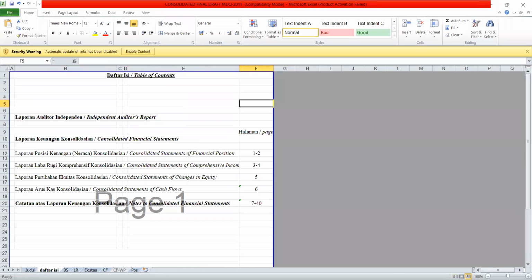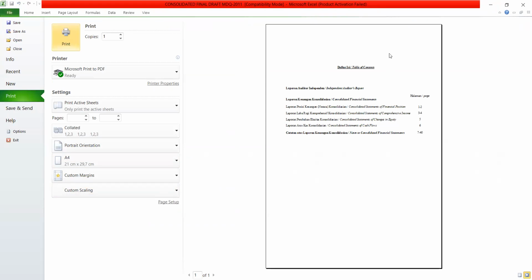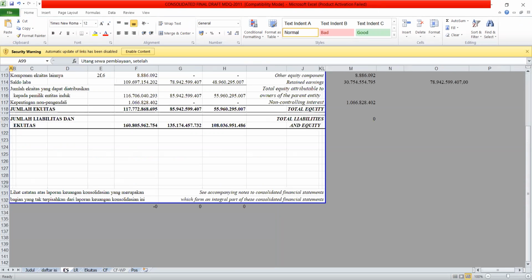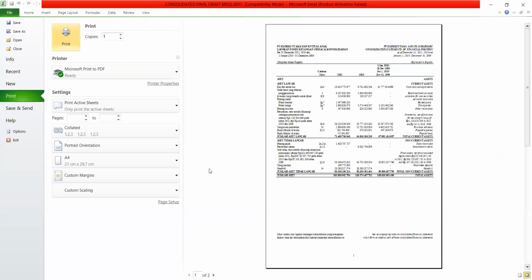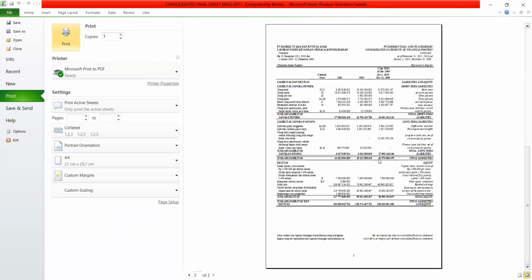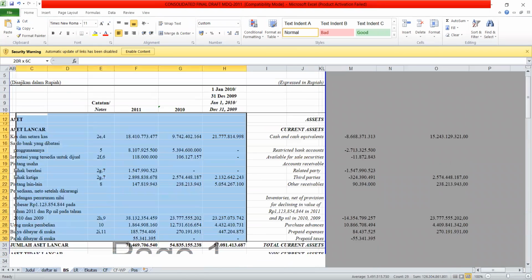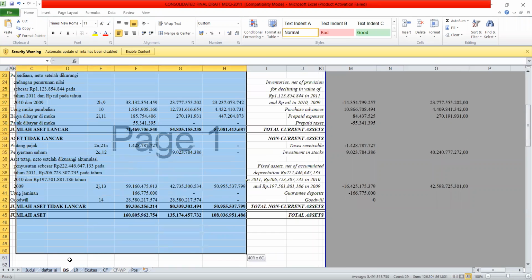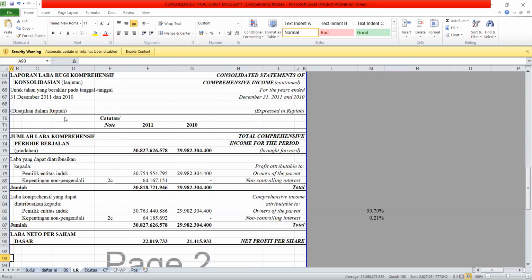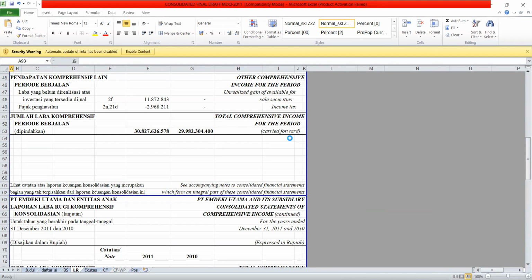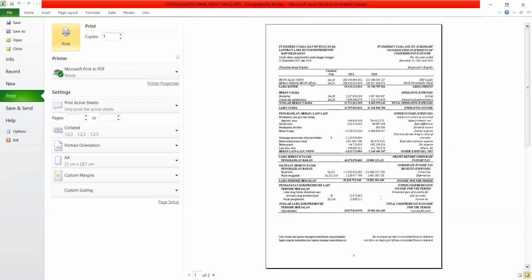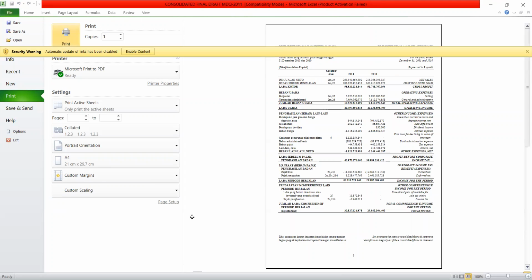This is the content, and this is the financial position. If you ever download the financial statement, all of this comes from the Excel. The profit and loss, the income statement, is also from the Excel.